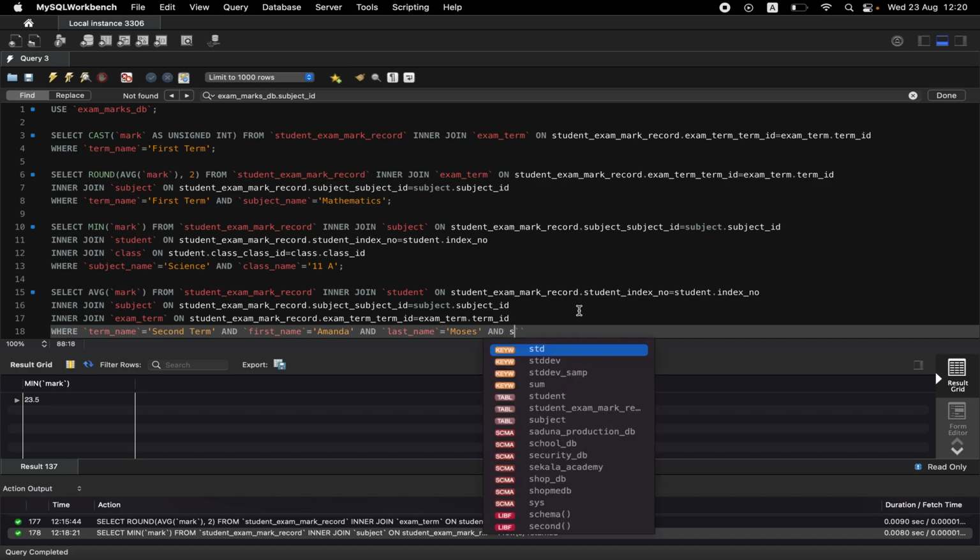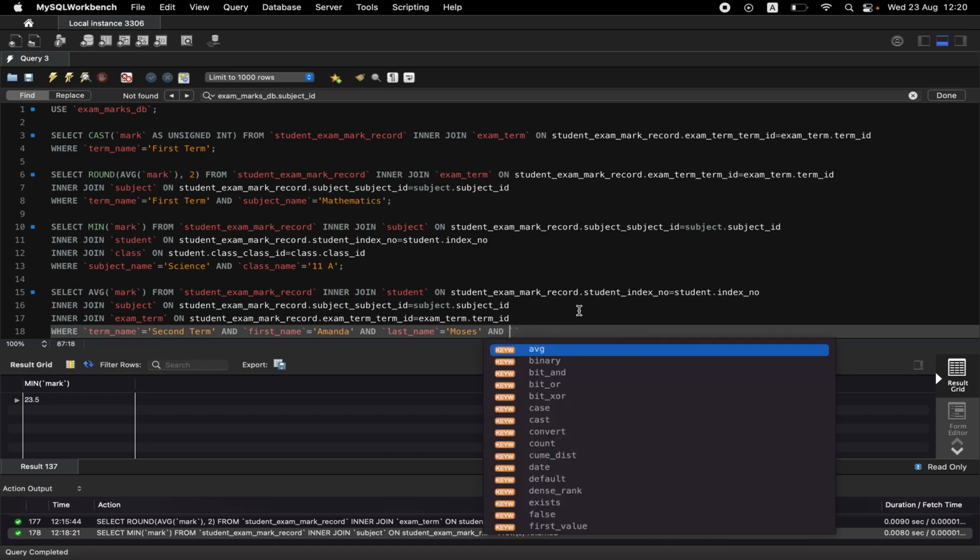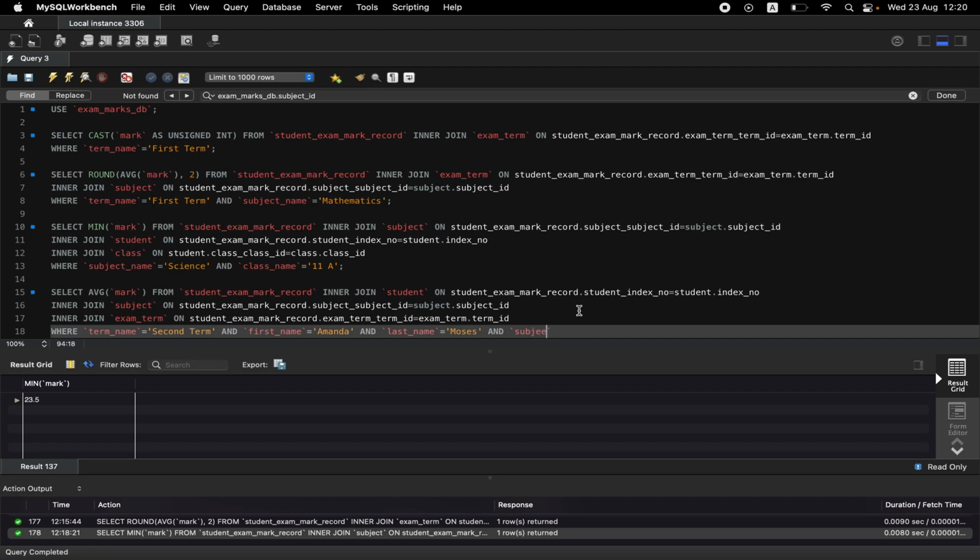So subject name in mathematics, science, and Sinhala language and literature.